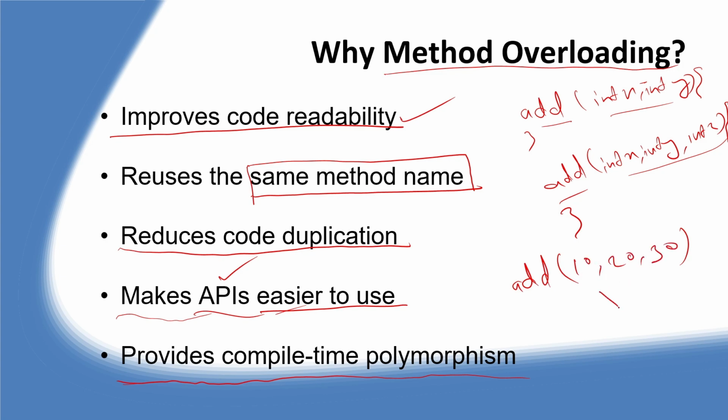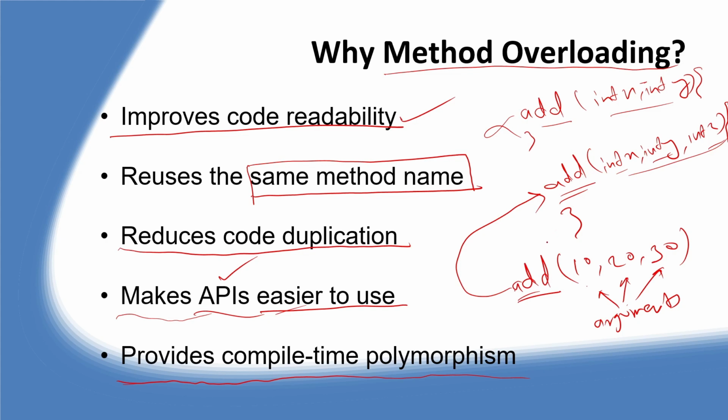Here we have three arguments, so based on the arguments we pass, it will call that particular method. Here there are three parameters, so it will call this method, not this one. So when does this happen? When the compiler checks and gets to know which of these two methods to call. So it happens during compile time.